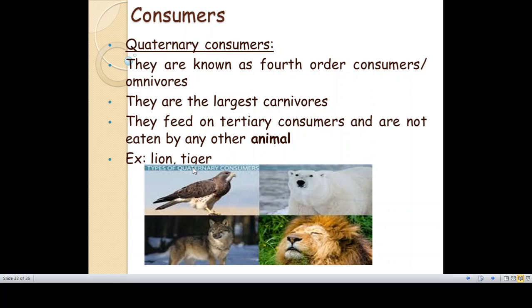Until the organism dies, for example lion, tiger, bears, wolves, etc., they will not be consumed by any other kind of organism, and hence they are on the top level of the consumer series.